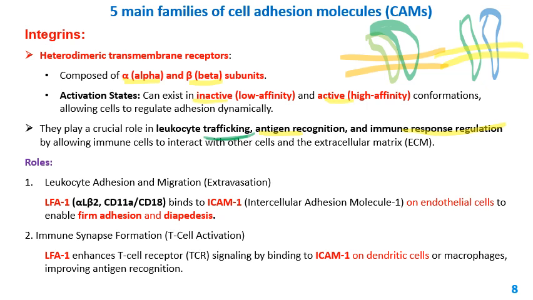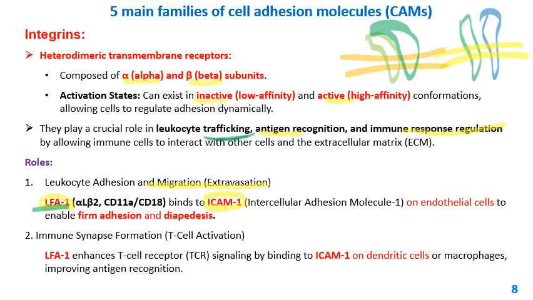Now, look at this. Important for migration, adhesion and migration, right, extravasation. And here I had mentioned before one protein that was LFA1 binding to ICAM1. So when you see ICAM1, you think extravasation, right? So the integrin that binds to ICAM1 is called LFA1, okay?